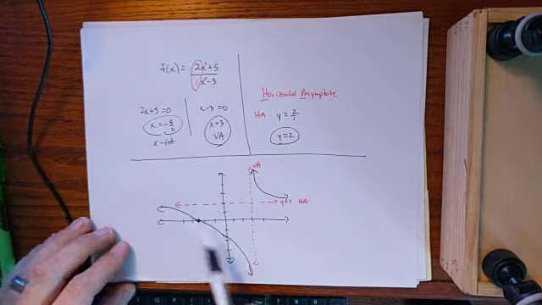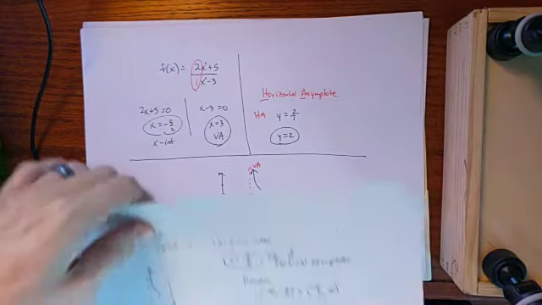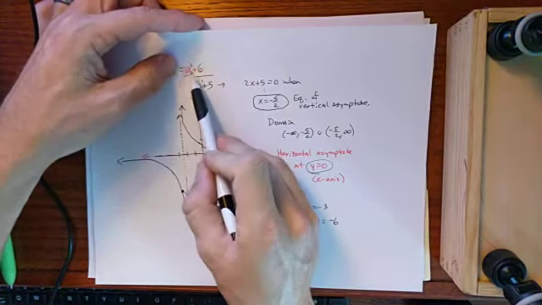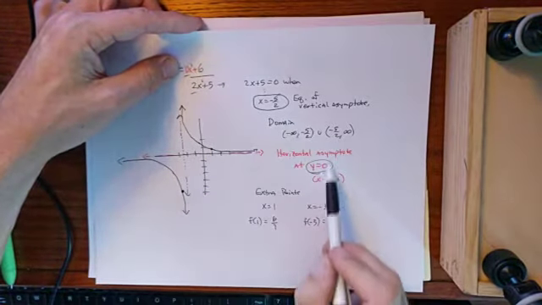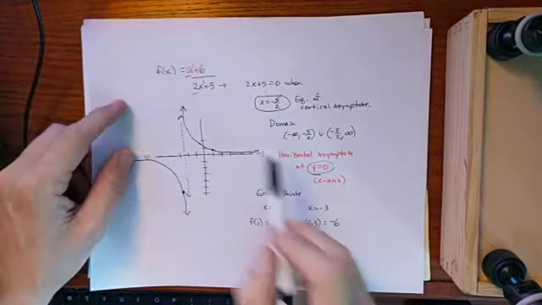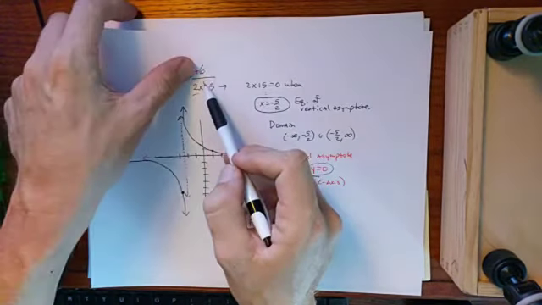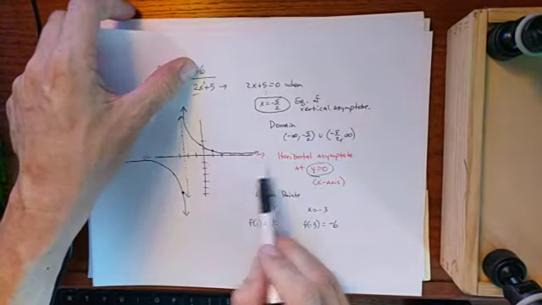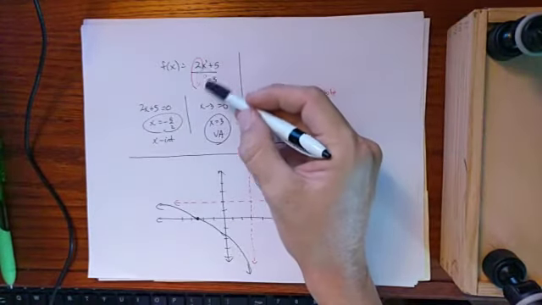Now, again, if you had, say, a constant over a linear, then remember that's like saying 0x to the 1 plus 6. And so you're automatically going to have the x-axis as your horizontal asymptote. But whenever the top is smaller or equal to the degree of the bottom, so this is x to the 0, the 0 is less than 1, so it becomes the x-axis. But when they're the same, you divide the leading coefficients.